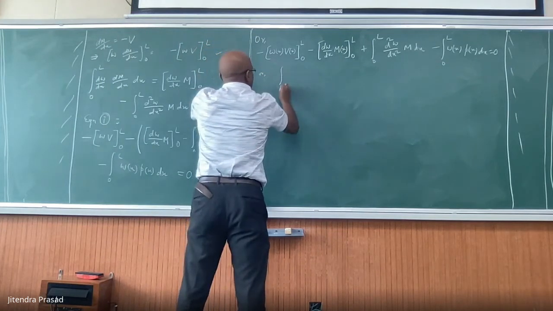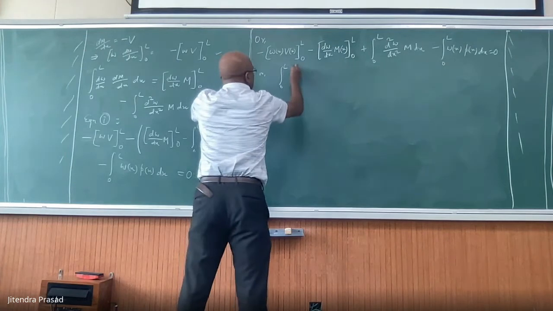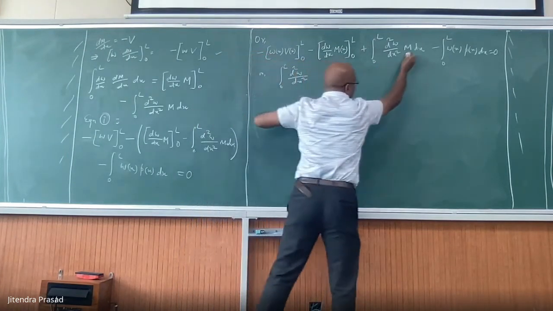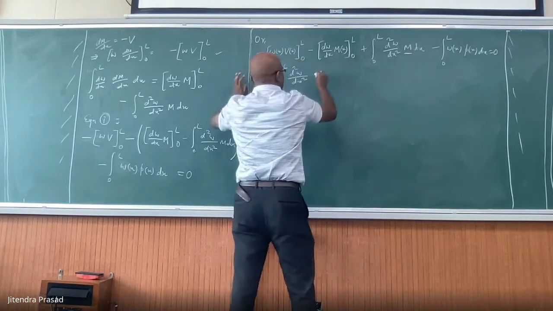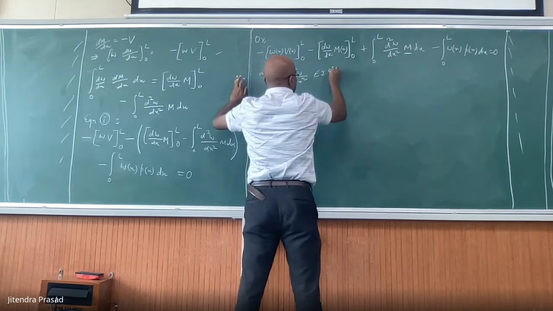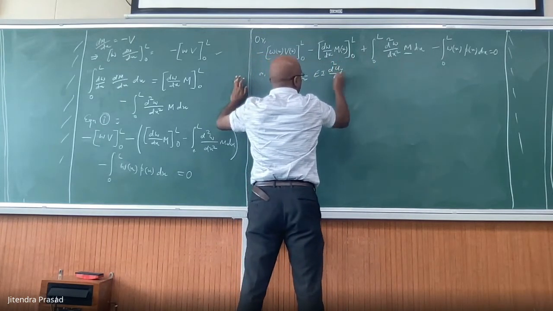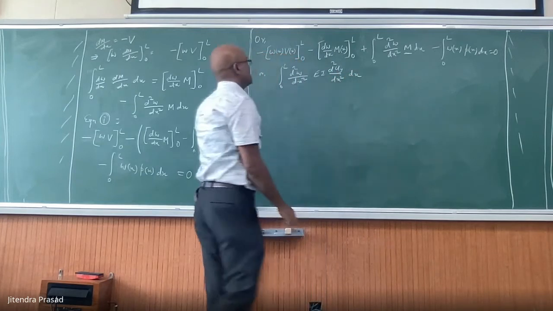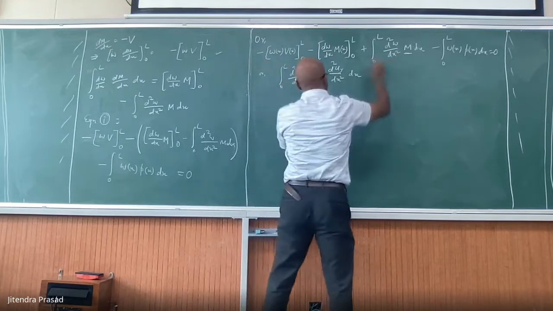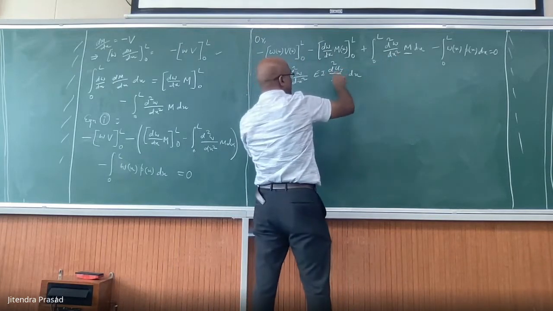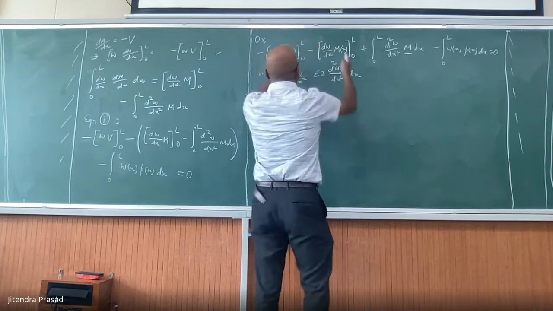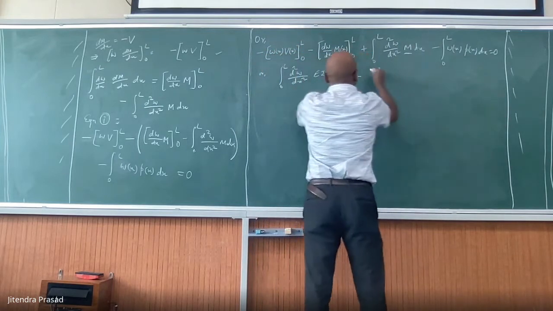Or we write the integral from 0 to L of d square w over dx square times m, in full form we write EI d square uy over dx square dx, because m is equal to EI d square uy over dx square, so we write it here, right? And all other things take to the other side.